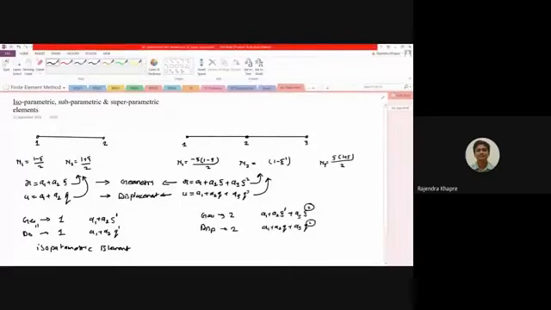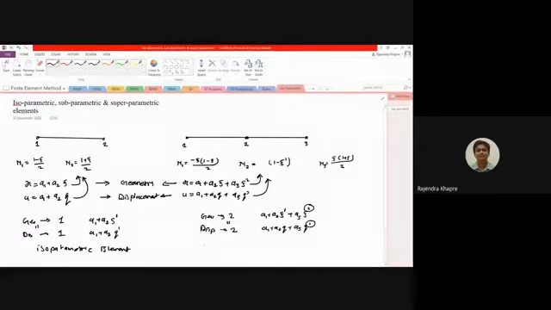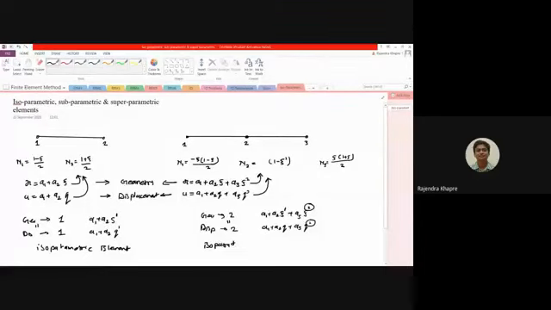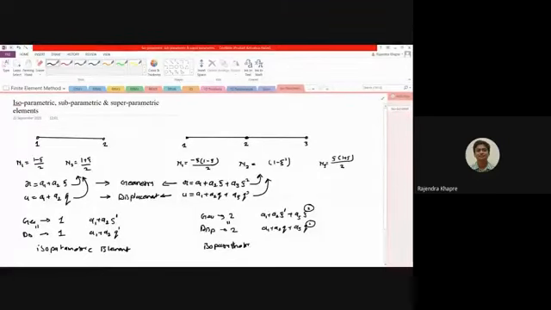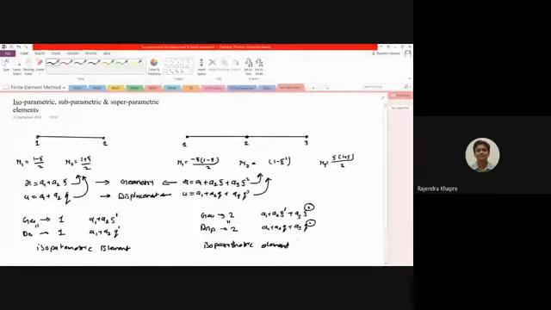So this is also 2. So since the order of the polynomial which is used to define the geometry as well as the order of the polynomial which is used to define the displacement are both same, therefore this particular element is called again an isoparametric element. Okay? Okay, so this is an isoparametric element, right?